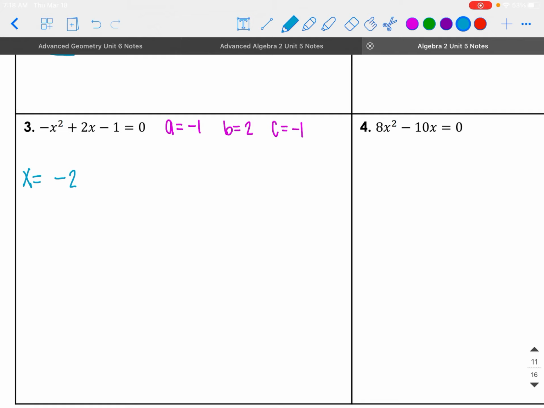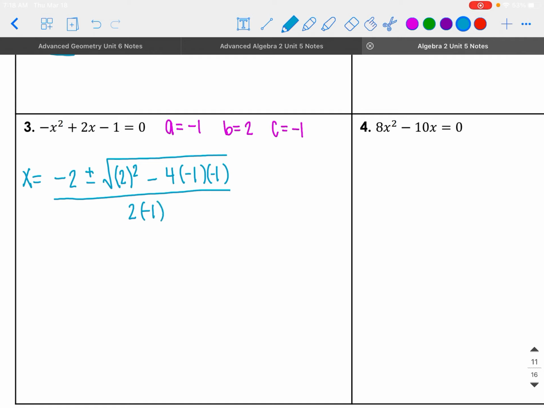All right, so -b, -2, plus or minus the square root of b squared minus 4ac all over 2a.